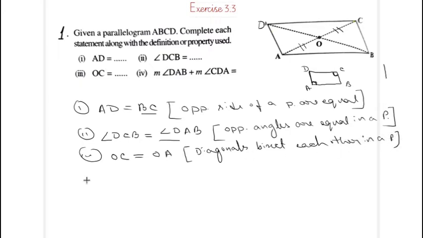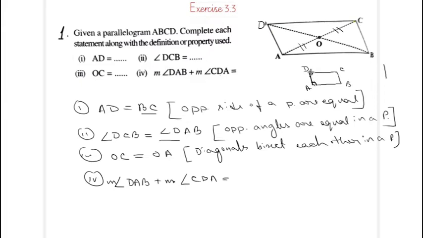Now come to number 4. What is given? Measurement of angle DAB plus measurement of angle CDA. Now again we will look at the simple diagram where we have not drawn the diagonals. DAB, this angle, and CDA. These 2 angles are adjacent angles because they have a common side.